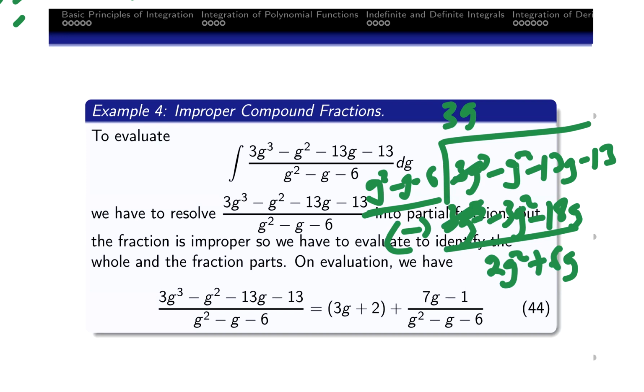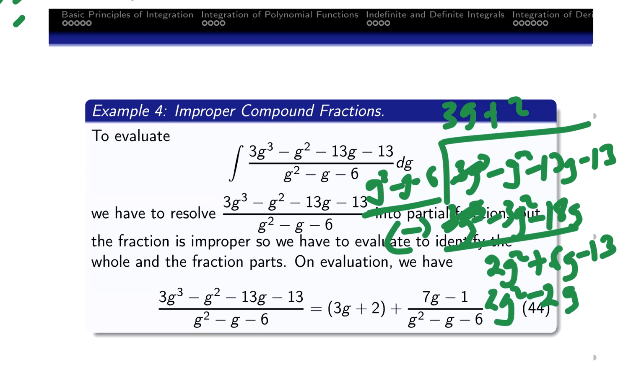So g squared in 2g squared, that is actually 2. 2 goes in 2g squared twice. So 2 times g squared, that's 2g squared. 2 times minus g, that's minus 2g, okay?